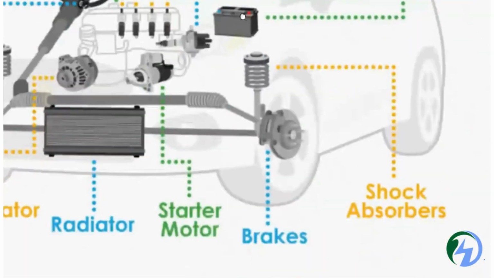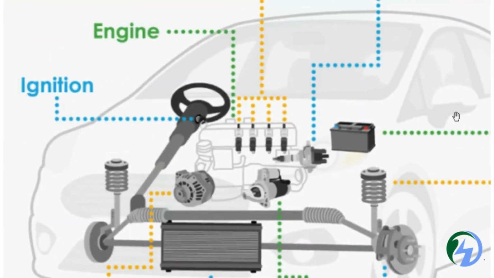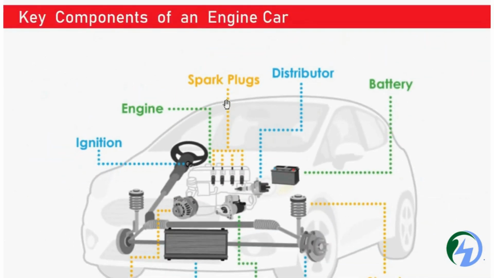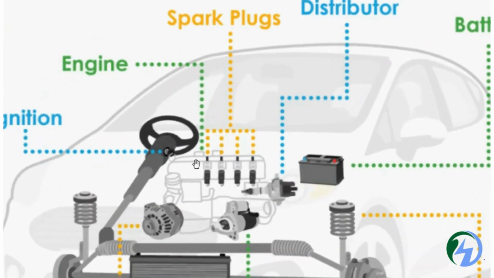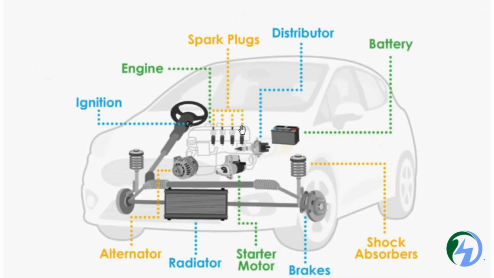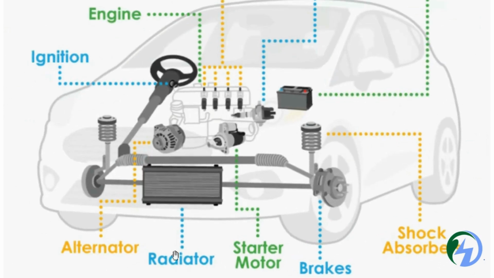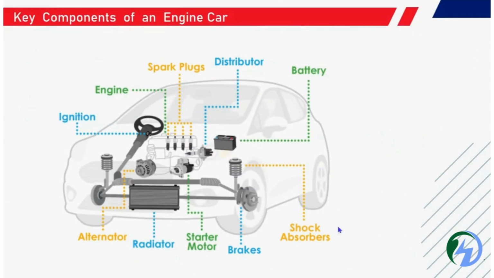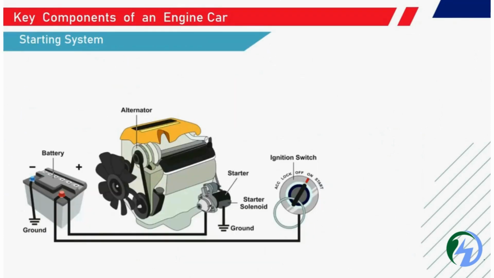Once the battery is turned on, the power will be given to the spark engine. So the engine will start, and the spark plug will get activated slowly. The motor will rotate, and there are radiators, alternators, and some shock absorbers. Everything, the components, will be activated one after another.